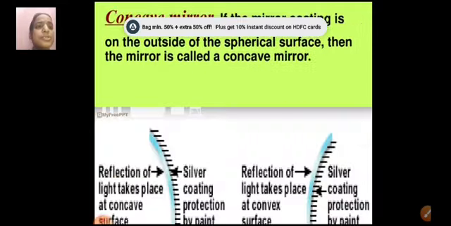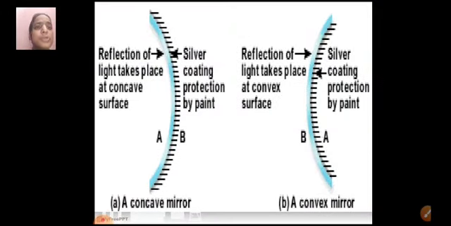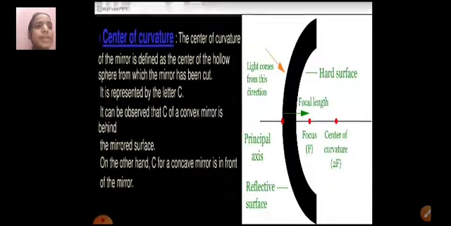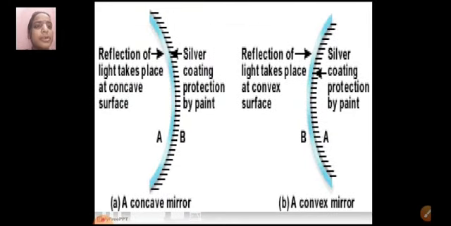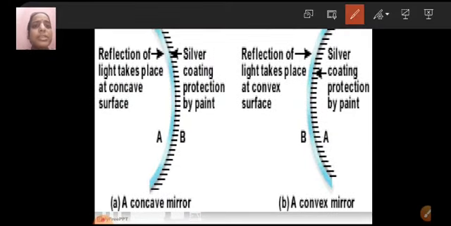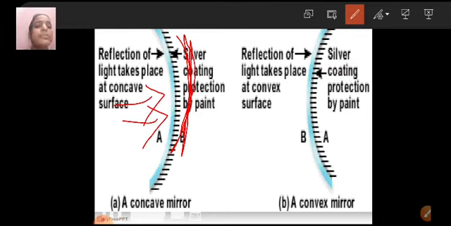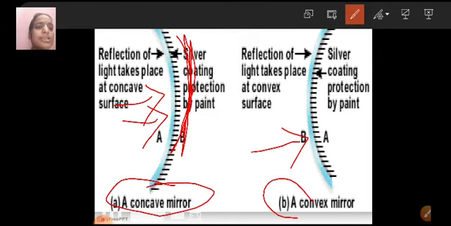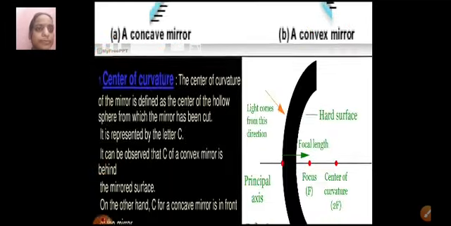Here you can see the two types of mirrors, concave and convex. The reflection takes place on this surface, whereas the silver coating or paint is present on this surface. That is, the surface bulging inwards reflects light in the concave mirror, whereas in the convex mirror the surface bulging outwards reflects light.